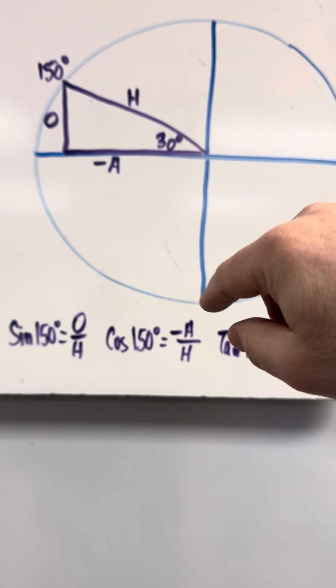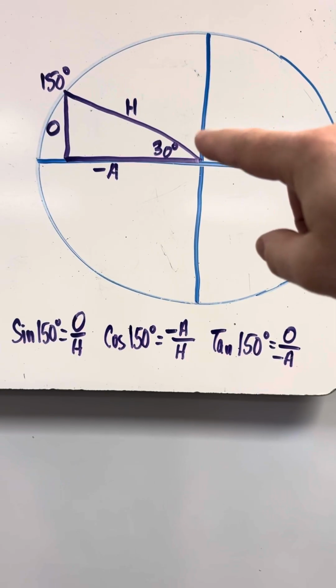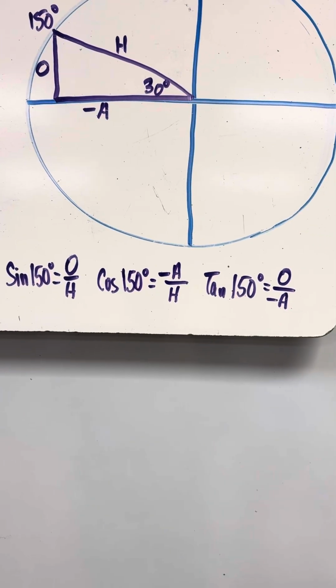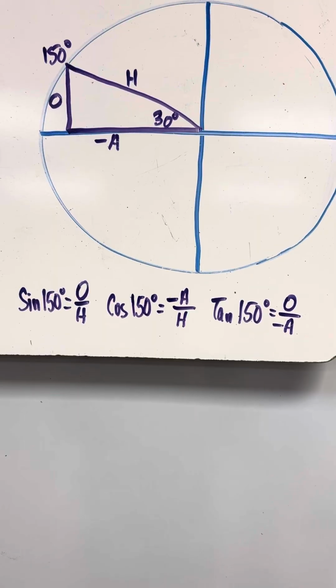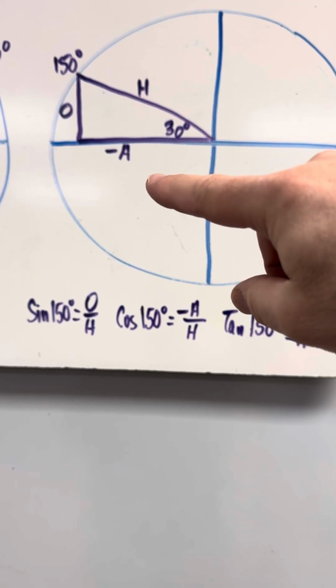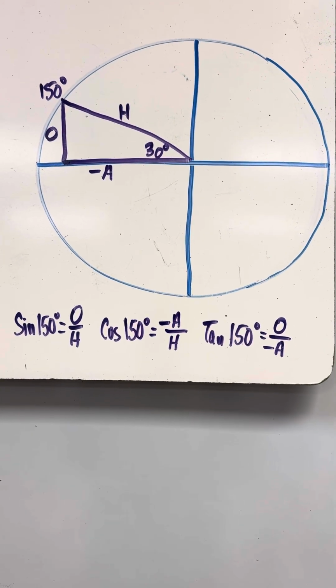So sine of 150, I'm just going to say is O over H, positive O over H, right? So cosine 150 is going to be negative A over H. So cosine is going to be negative here.